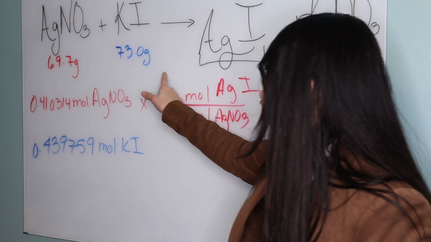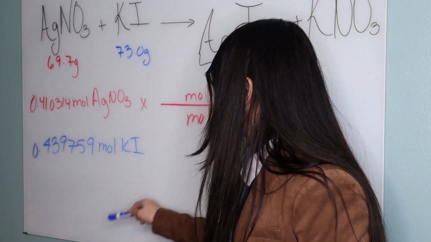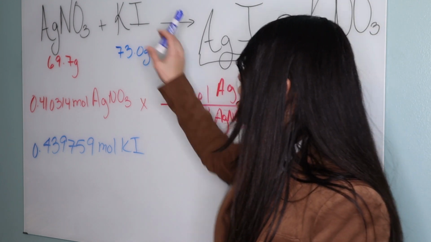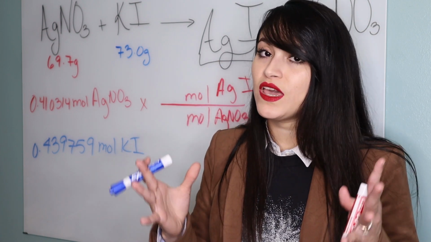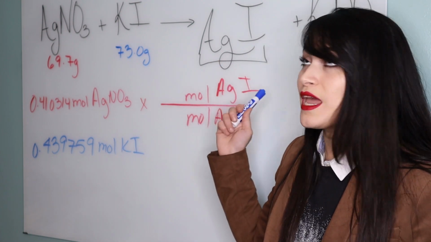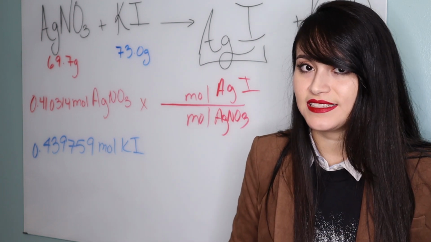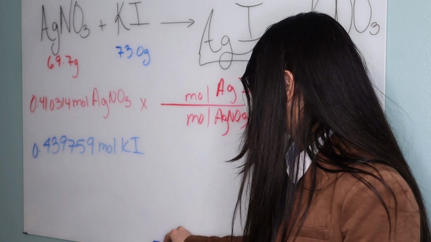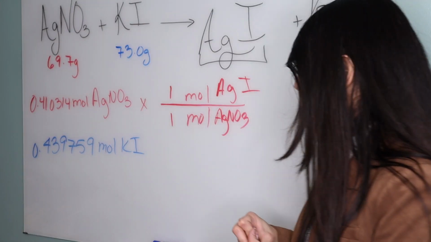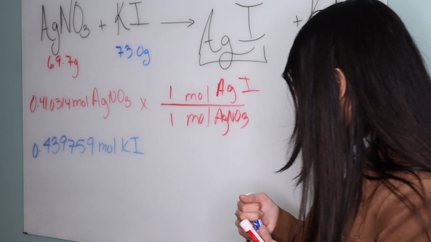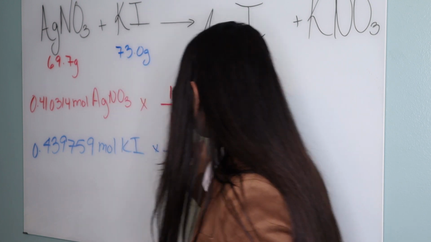Now the numbers that you're going to be writing over here should be the coefficients of a balanced reaction. So in this example, we've already said that our chemical equation is already balanced. So that's going to be 1 over 1.